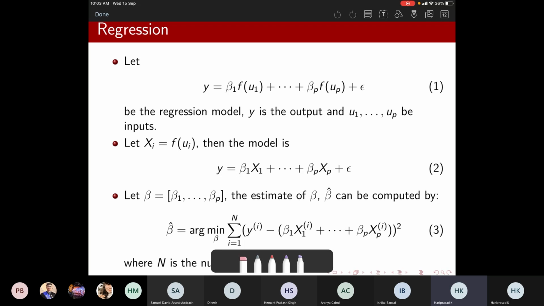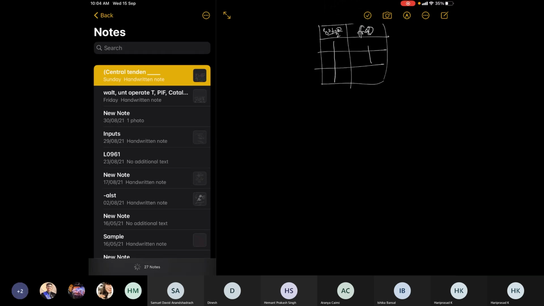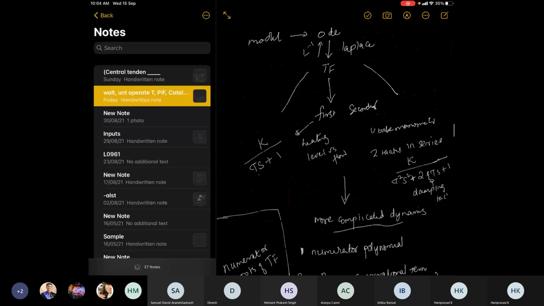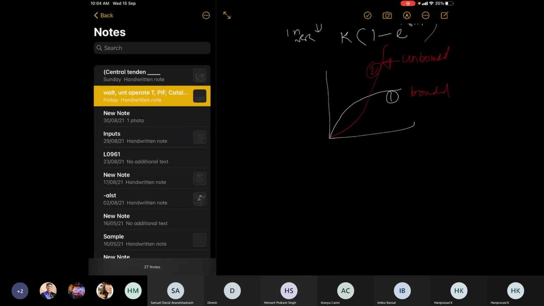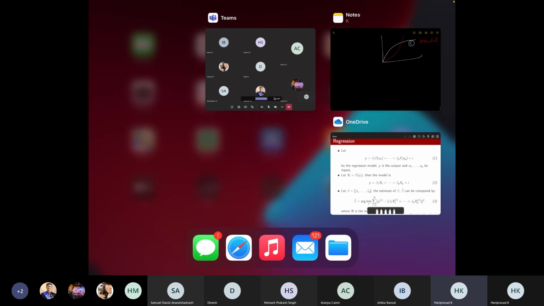So let's continue with the point where we have stopped. We were looking at data-driven models.